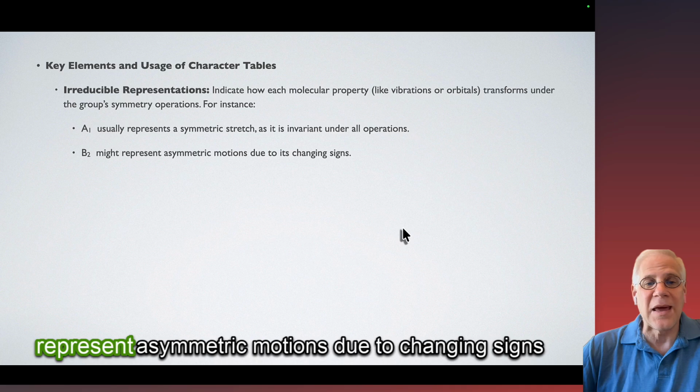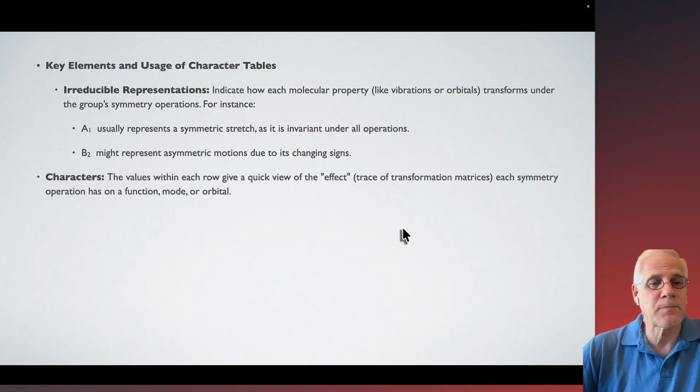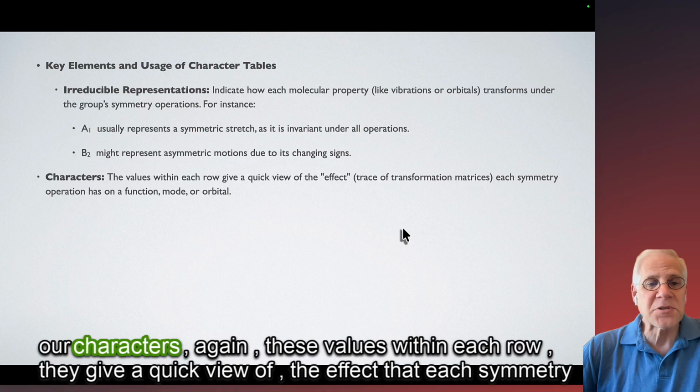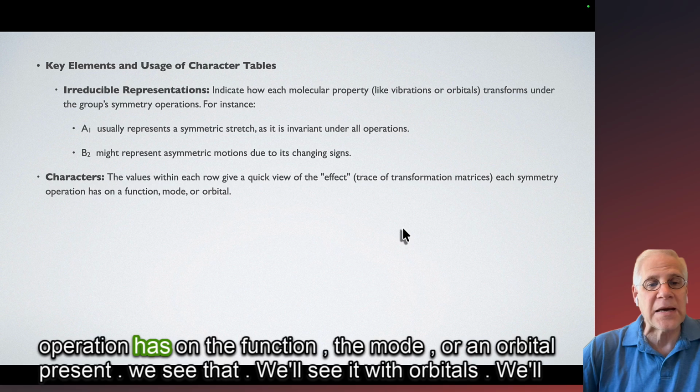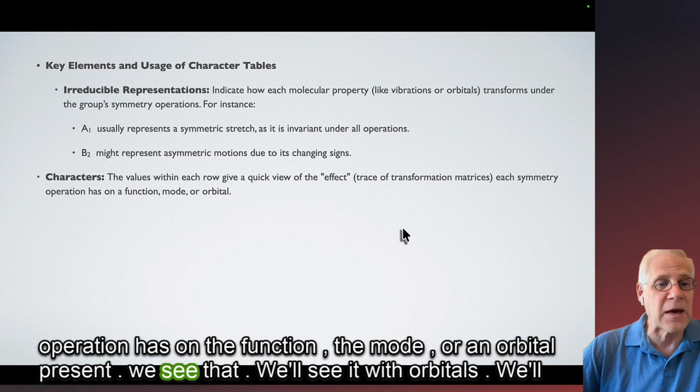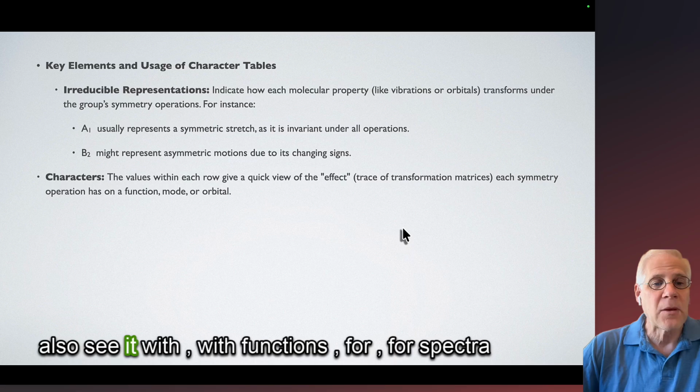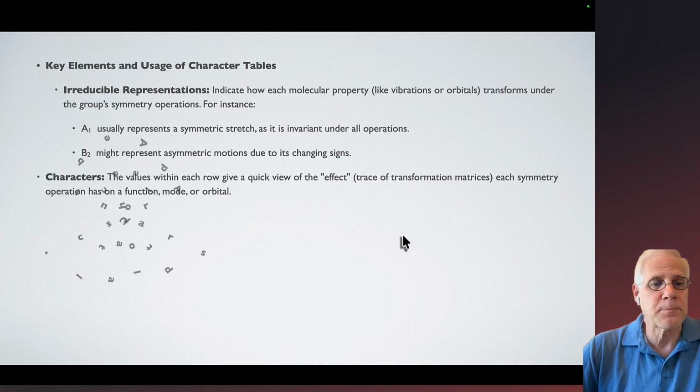B2 might represent asymmetric motions due to changing signs. Our characters, again, these values within each row, give a quick view of the effect that each symmetry operation has on the function, the mode, or an orbital present. We'll see that with orbitals. We'll also see it with functions for spectra.